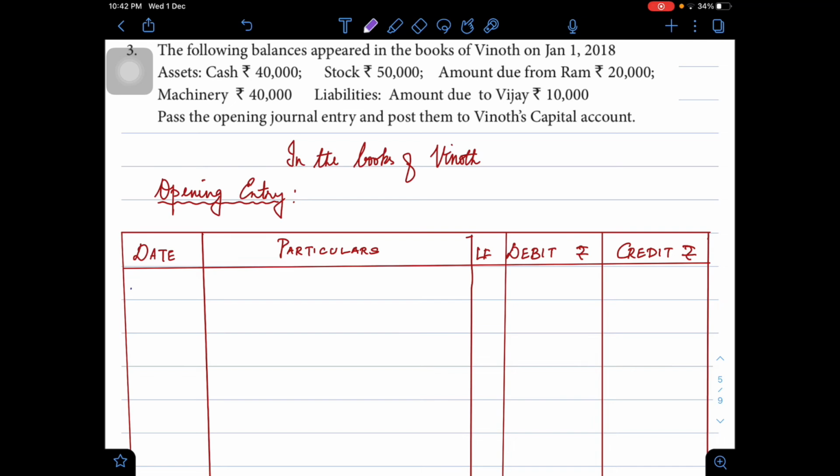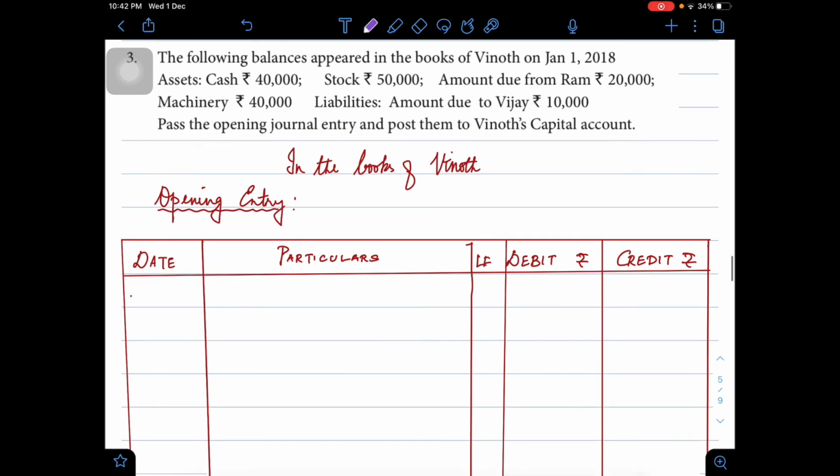So I give the heading as opening entry, and here I start entering the date, 2018 January 1st. Cash account debit, 40,000. Next asset mentioned is stock account debit, which is going to be 50,000.